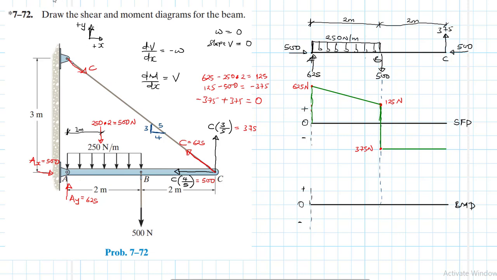So our shear diagram finally closes at C, and this is what we expect. This is negative at the bottom and positive at the top. So our shear diagram is finally done.